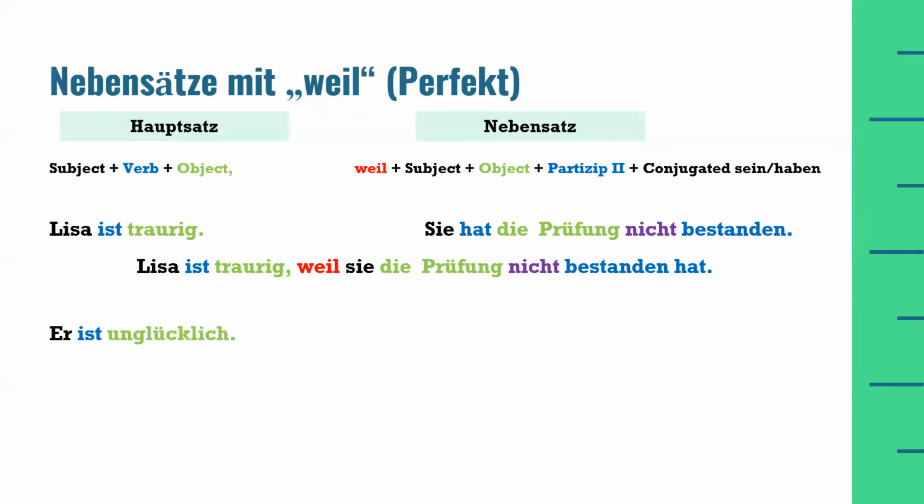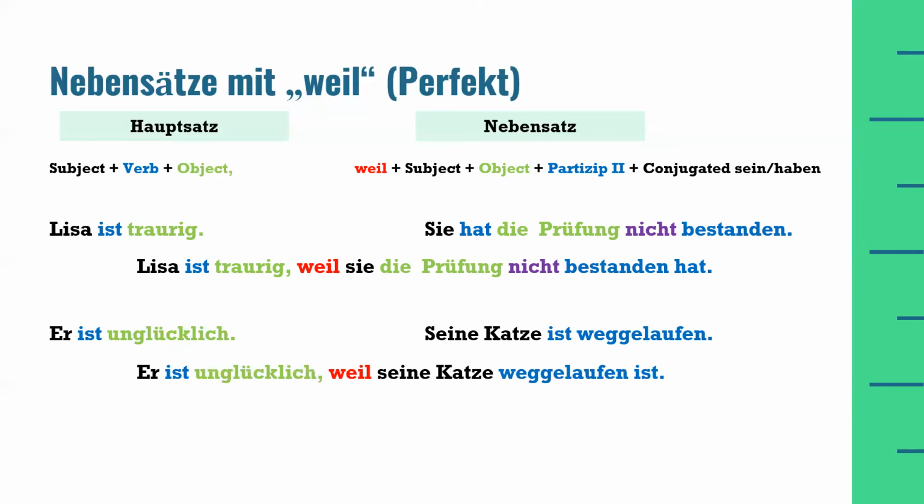Another example. Er ist unglücklich. He is unhappy. Seine Katze ist weggelaufen. His cat has run away. Now again, first sentence, Hauptsatz presents the fact that he is unhappy, and second sentence presents the reason why he is unhappy.